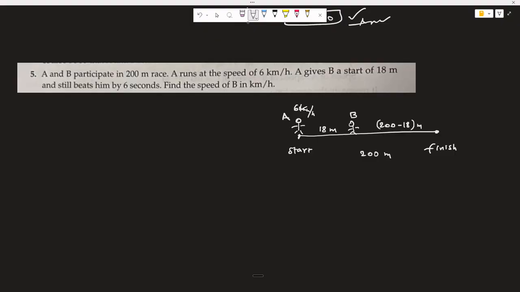So let's calculate how much time it is taking for A. Okay, so copy that race course. First write down the steps. Race course, very important point, 200 meters. Presentation is very important in applied mathematics.